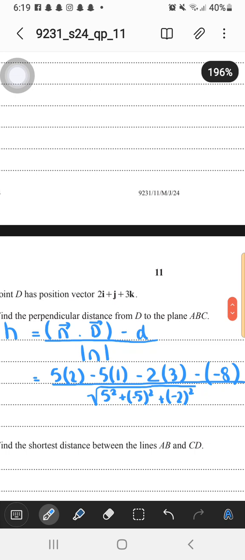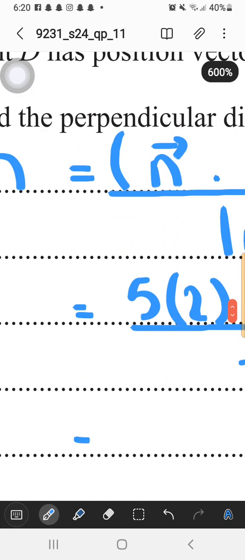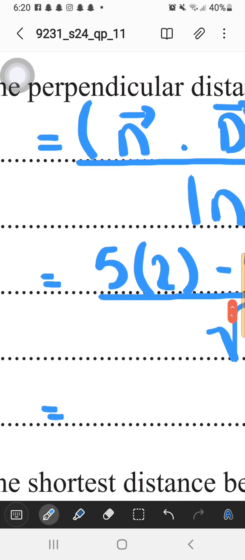Okay, so let's do it on the calculator. 10 minus 5 minus 6 plus 8, under root 25 plus 25 plus 4. This becomes 7 upon under root 54, and in decimals it becomes 0.95257, which becomes 0.953.